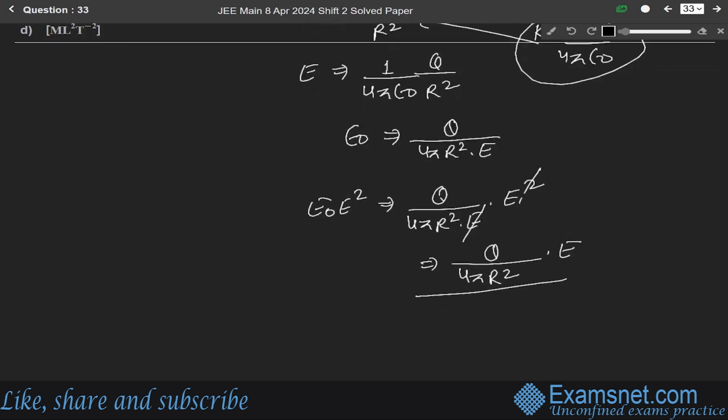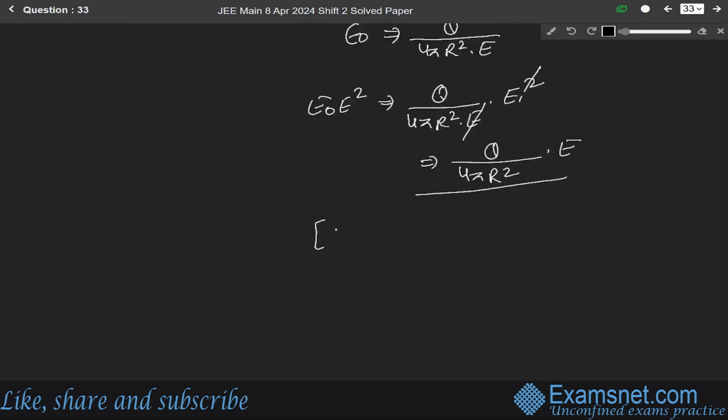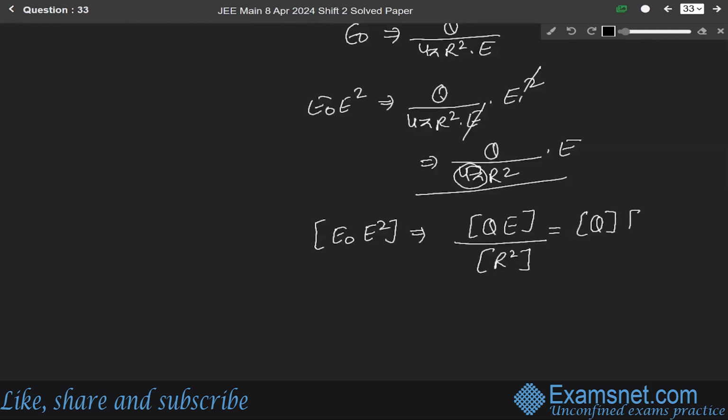Now finding its dimension. E naught E square is equal to the dimension of QE over, since 4 pi is a constant, the dimension of R square. So it is the dimension of charge into the dimension of electric field over the dimension of radius square.